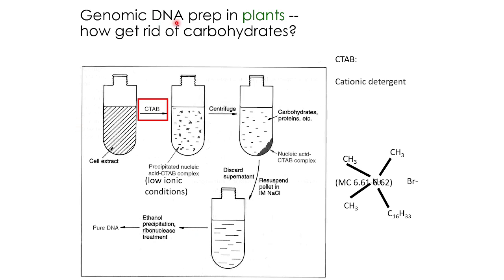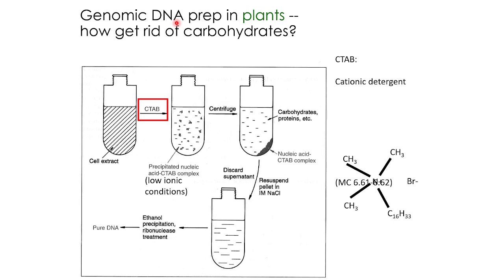For genomic DNA preparation in plants, the other thing that happens is that there are carbohydrates present which you need to remove. So you have the cell extract, you treat it with cetyltrimethylammonium bromide, a cationic detergent.